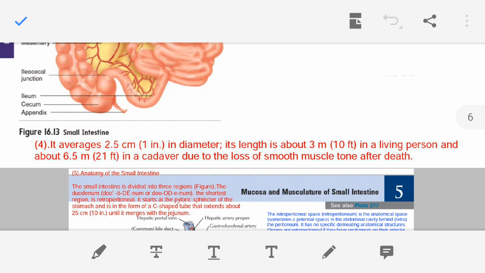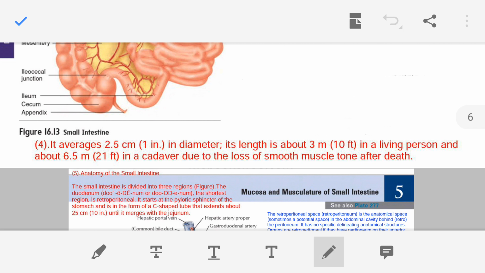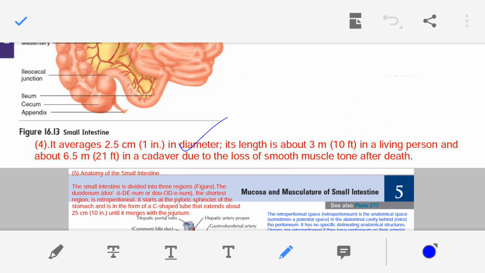In a living person, the smooth muscles have tone. So in a living person the smooth muscles are somewhat constricted, and in the dead body, that is the cadaver, the smooth muscles are relaxed, so they have a larger small intestine. So this is regarding the measurements of the small intestine.